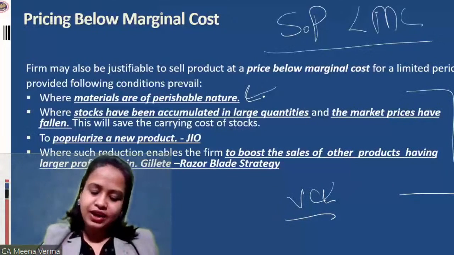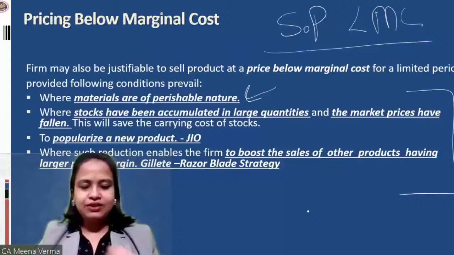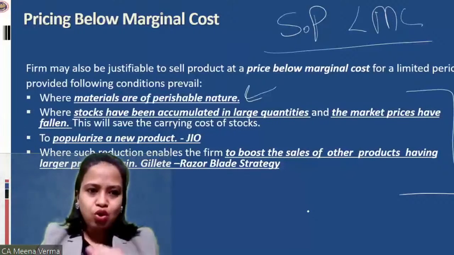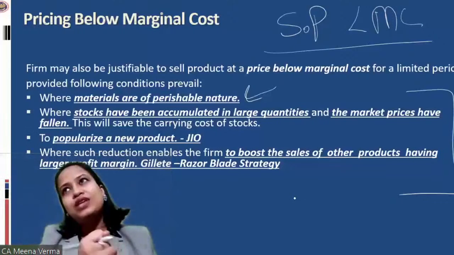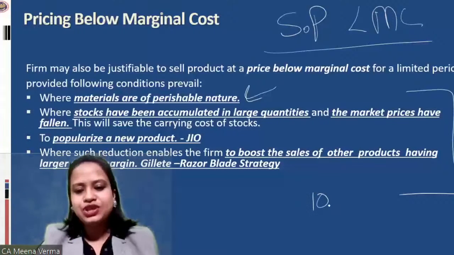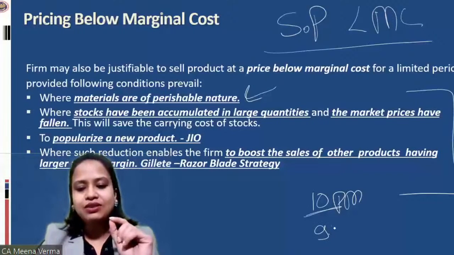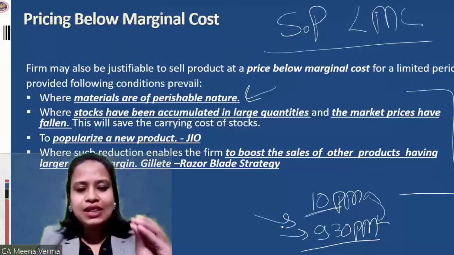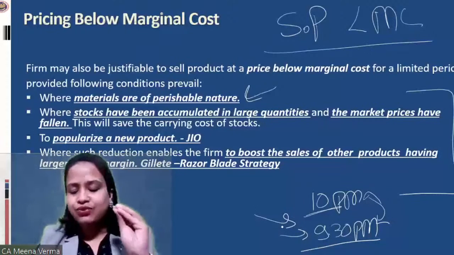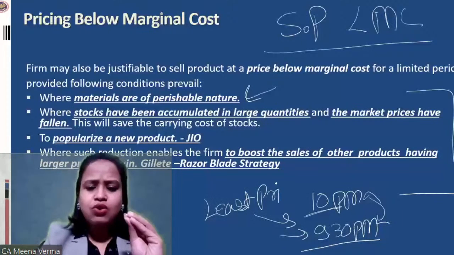For example, if you go to the sabji mandi, the fruits and vegetable market, at night, say it closes at 10 o'clock, and you go at 9:30 to 10 p.m., you will find that all the sellers sell fruits and vegetables at the lowest price, because they want to recover all the money.